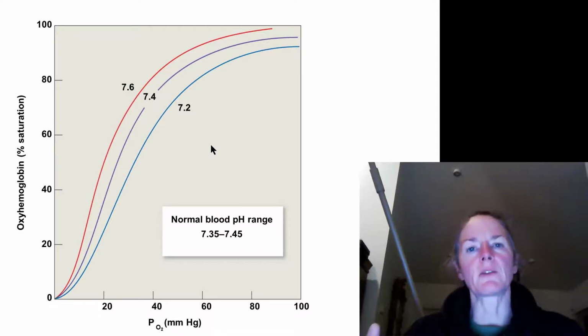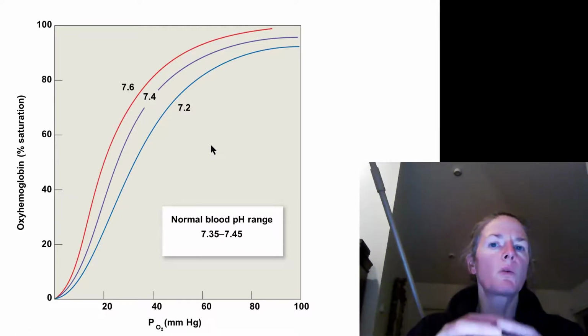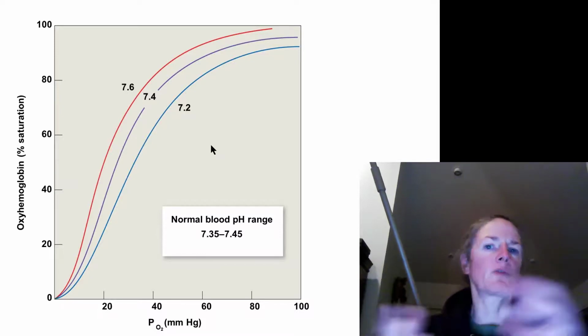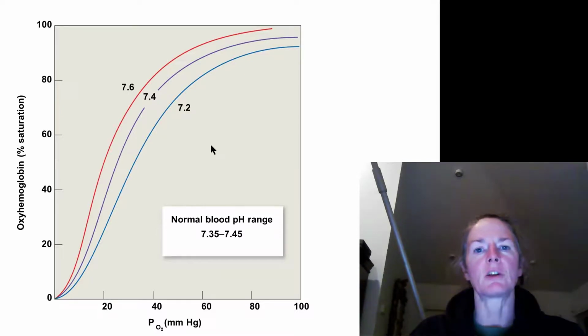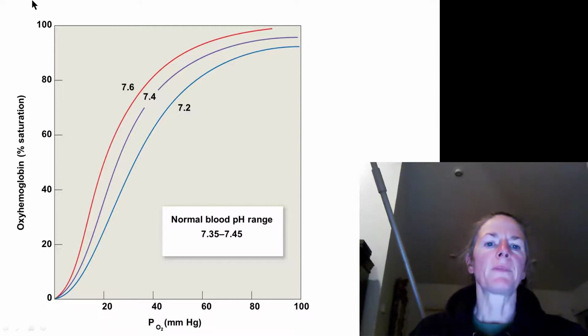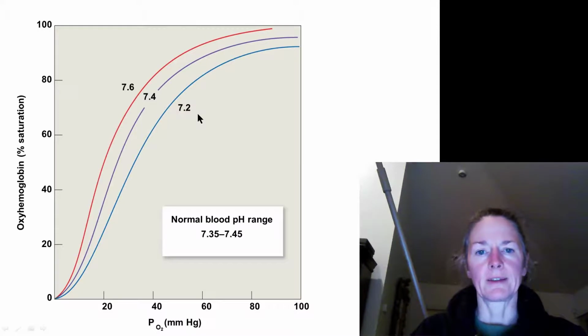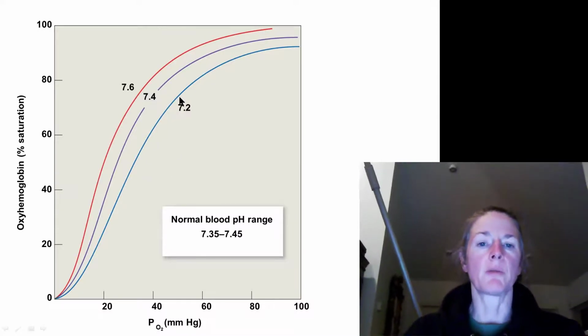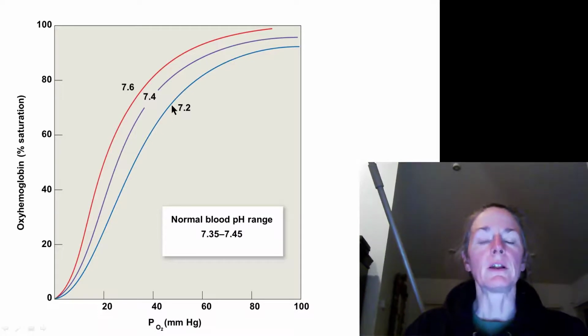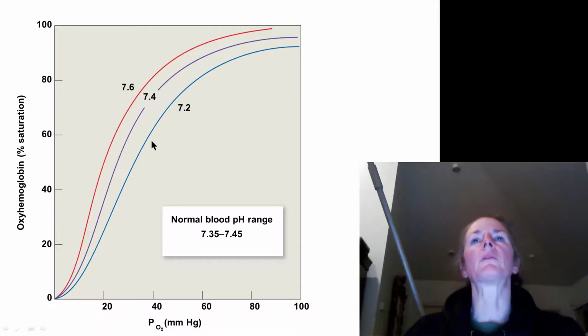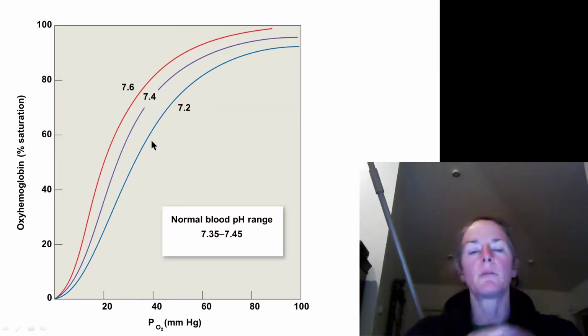And again, this makes sense, because proteins change shape as we change our pH. If we change the pH too much, we denature the protein so that it unravels and no longer works. But as the pH decreases, the affinity for oxygen of the hemoglobin molecule will decrease.